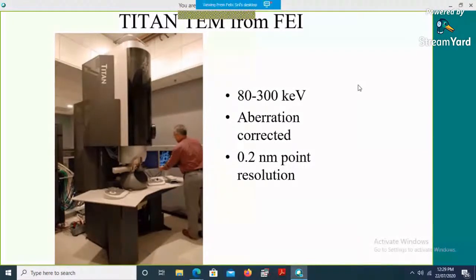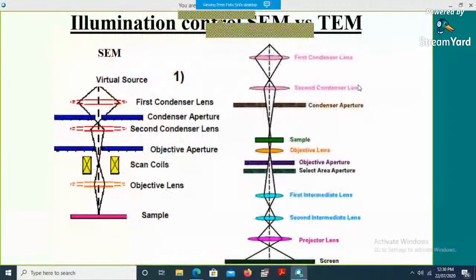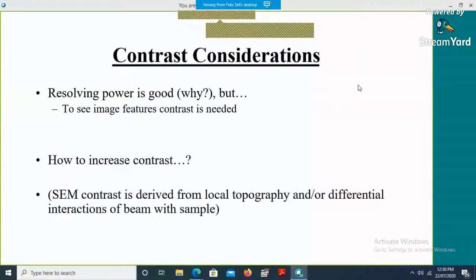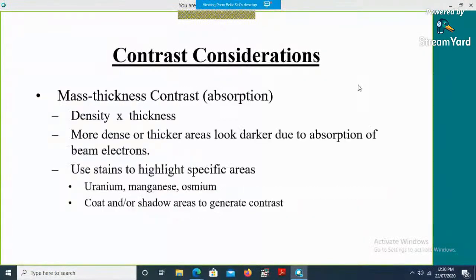Some of these I will skip now. In case of SEM, the backscattered and secondary electrons are used for creating the image. But in case of TEM, the contrast comes from two factors, because the electron beam is passing through your sample.